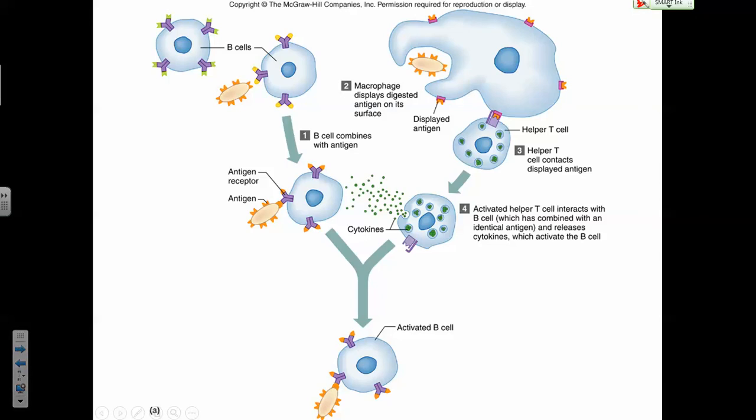What you're seeing right here is one of your phagocytes, like a macrophage. Let's say this macrophage has already been attracted by the presence of antibodies, attracted to an area, or through inflammation, it has eaten up a pathogen. And here's the pathogen right there, like a bacterium, that has antigens on its surface. So it gets engulfed.